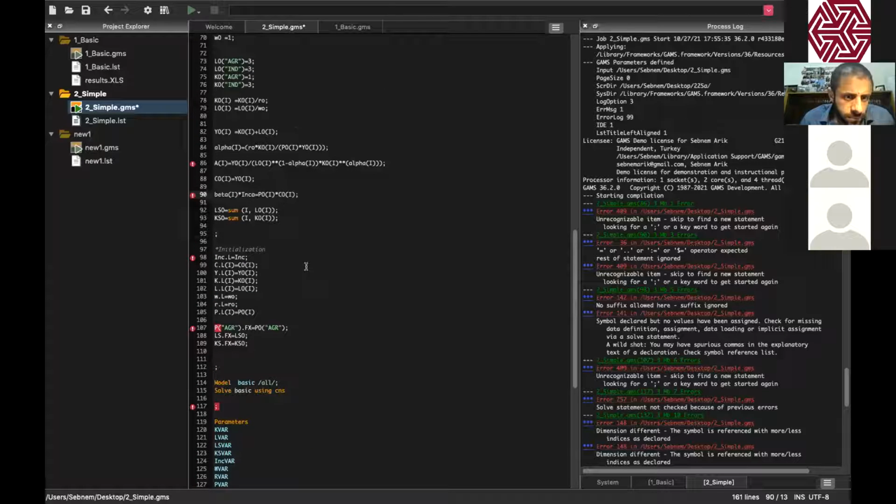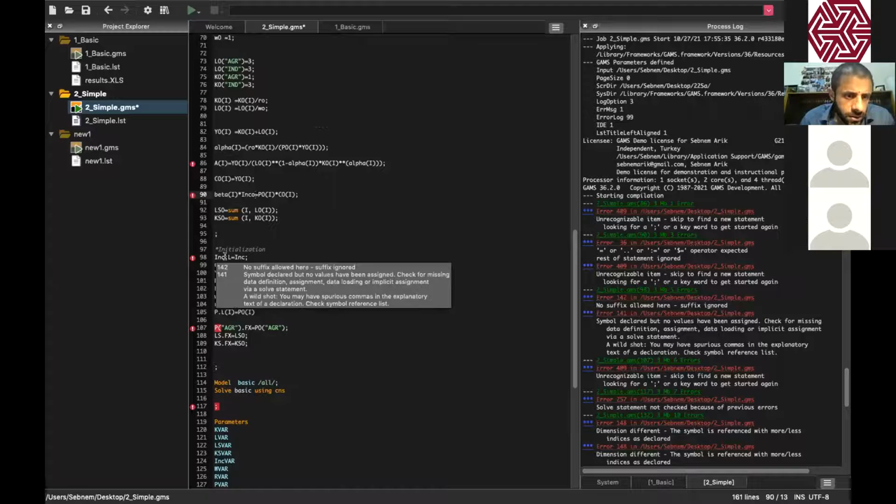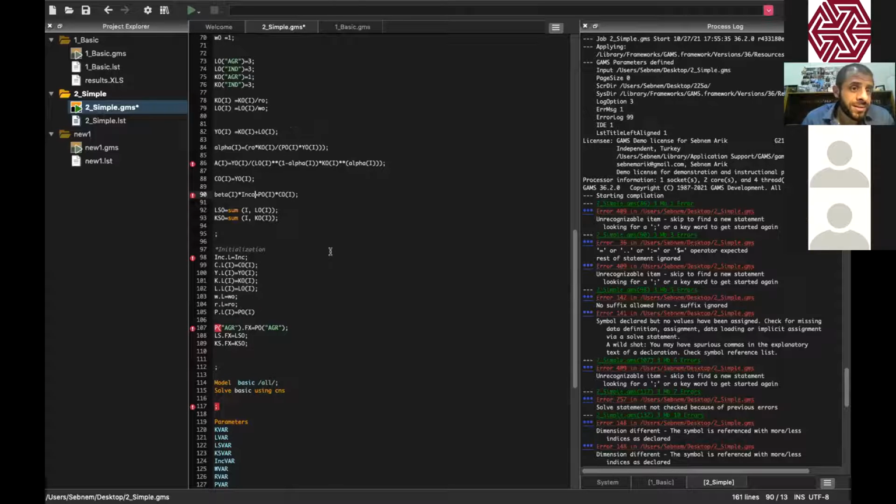So why inc here then? Because in the initialization, we tell GAMS that the income variable is an endogenous one, and it is based on inc O. So it's inc.l equal inc O. Okay, so add an O after inc. In line 98, it must be inc.L equal inc O.